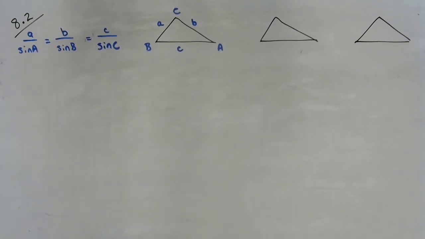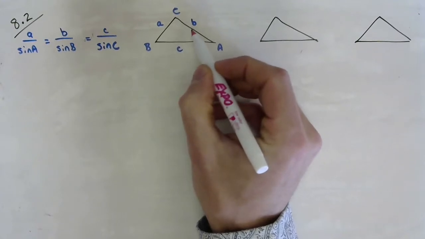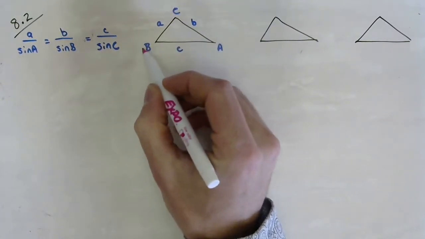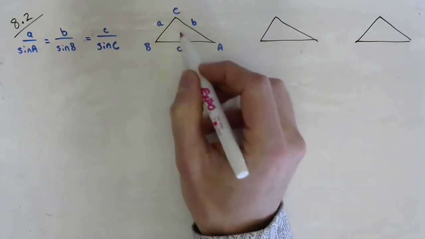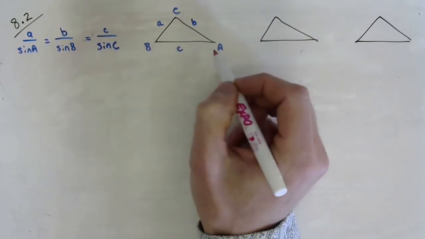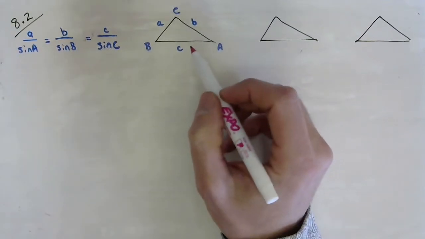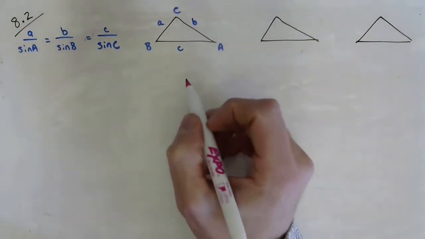Well, we now know that the ratio between the side length B and the sine of angle B is equal to the ratio of any other pair of side length and angle. Okay, so we're talking about opposite information when we're using sine law.